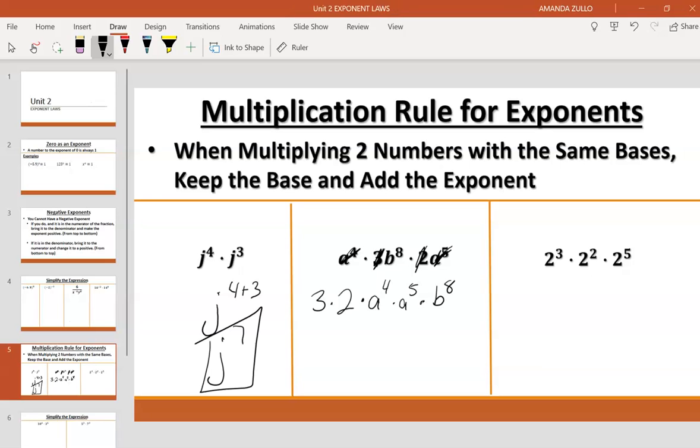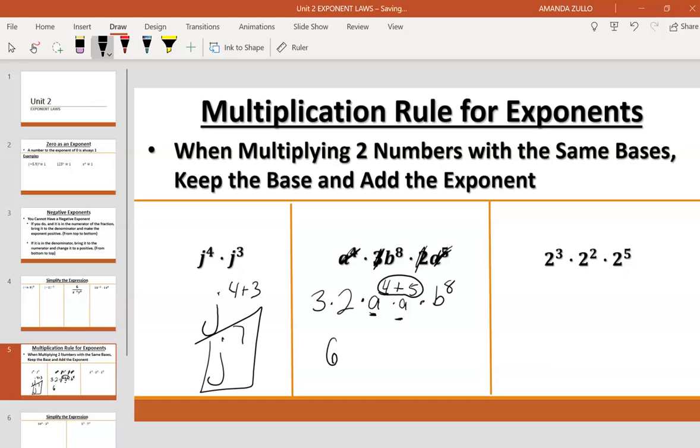So 3 times 2, you're going to do this just like how you normally would. 3 times 2 is 6. Here, A and A, they are like bases. So all you have to do is add your exponents.